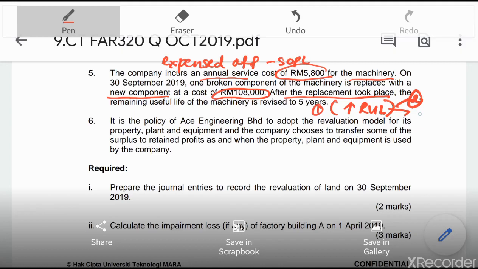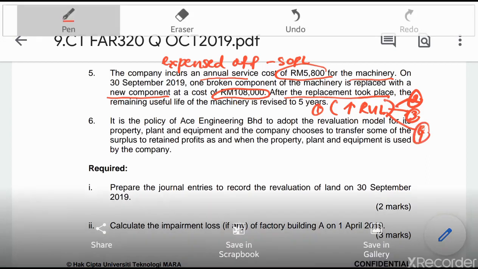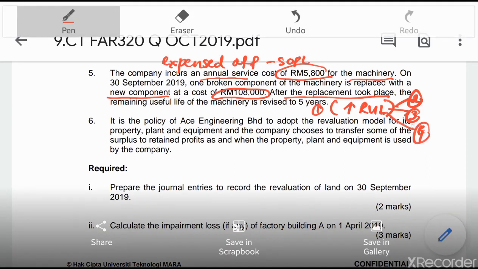So more units are produced from the machine. And the last one, sometimes you do not improve in terms of quality, in terms of quantity, or in terms of the life expected to be used, but it reduces the cost significantly. So those are the characteristics that you should look at to decide whether or not it enhances the future economic benefits.